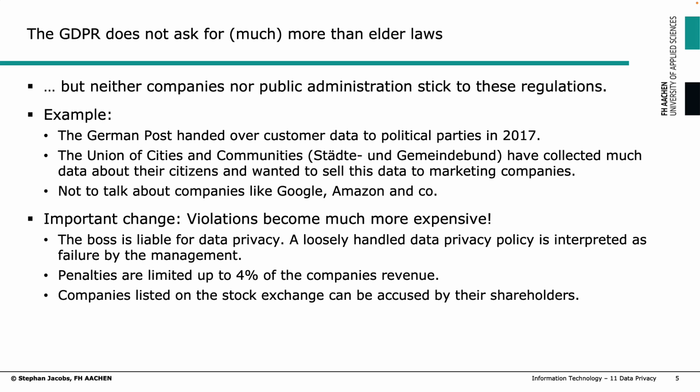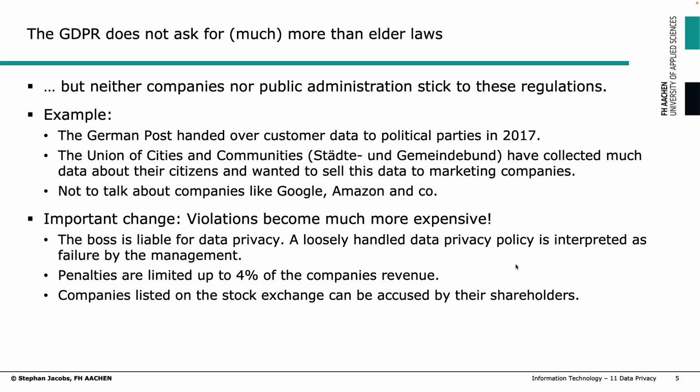Example: the German Post handed over customer data to political parties in the elections 2017. So there is a postman coming to your house, he knows something about you, what kind of post you might get, and even if it's just the addresses, it's not allowed to simply pass it to political parties. German Post must not do that.